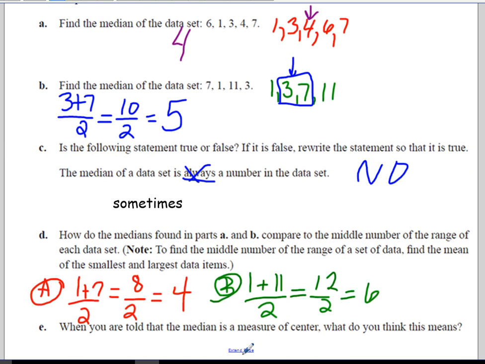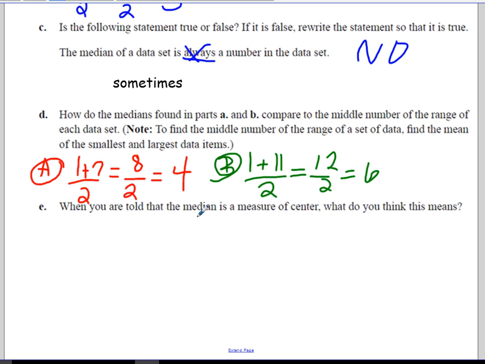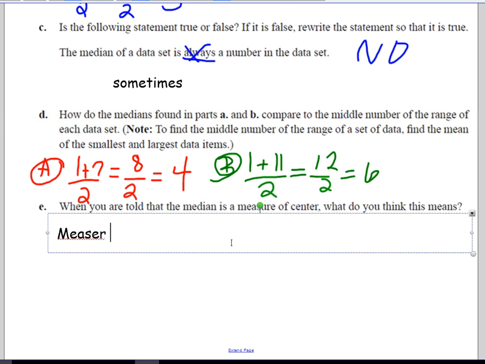And then it says, when you are told that the median is a measure of center, what do you think this means? Well, you're saying, I don't know. But when we think of it as a measure of center number-wise, which means the amount of the numbers, not amounts-wise.